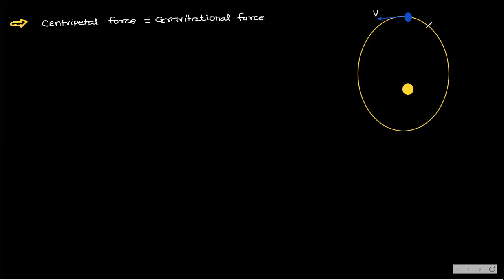As this planet has mass m and this is capital M, centripetal force of this planet is mv square by r, and gravitational force is GMm divided by r square.